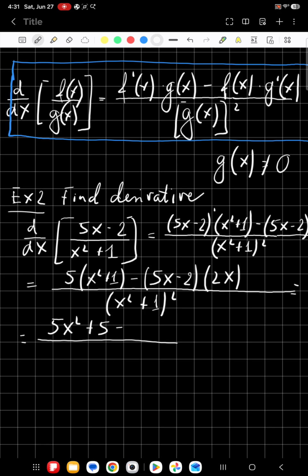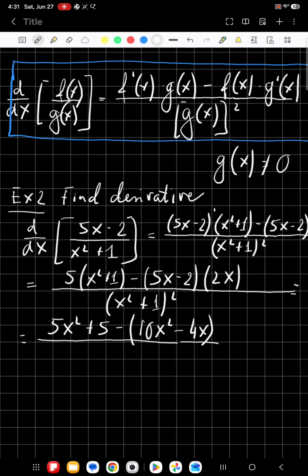So that's going to be 10x squared, or let's do it this way. So in parentheses, because I want to keep that negative out. I'll need to deal with it at some point, but let's multiply it first. So 5x times 2x is 10x squared. And then we have negative 2 times 2x, so that's minus 4x.